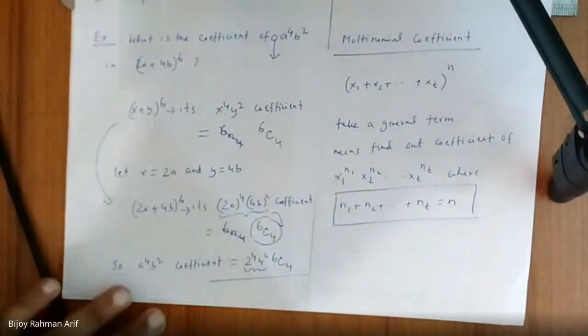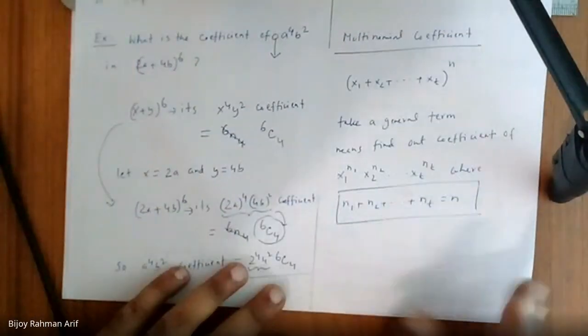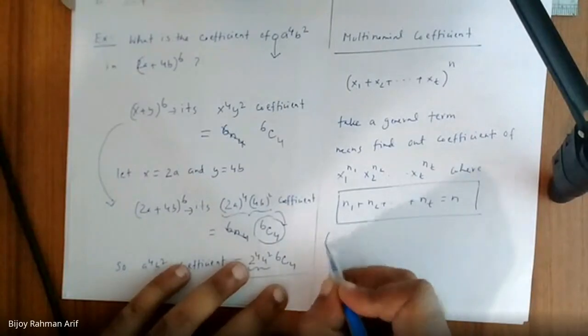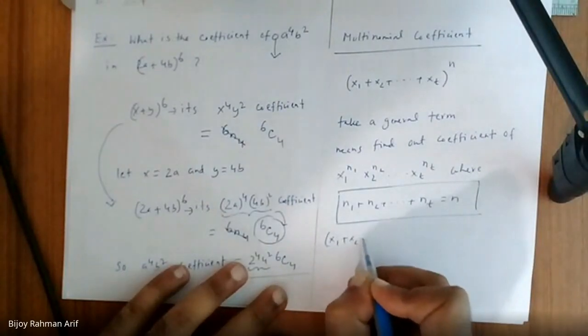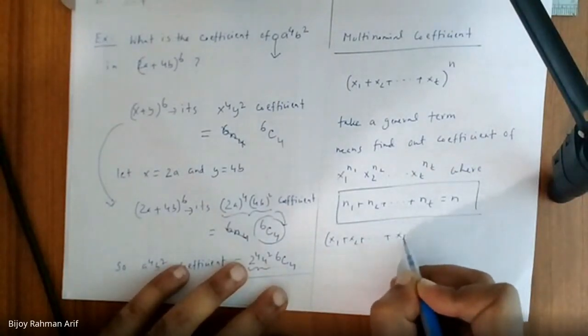So at first, it is nothing but like this: (x1 + x2 + dot dot dot + xt) to the power n.